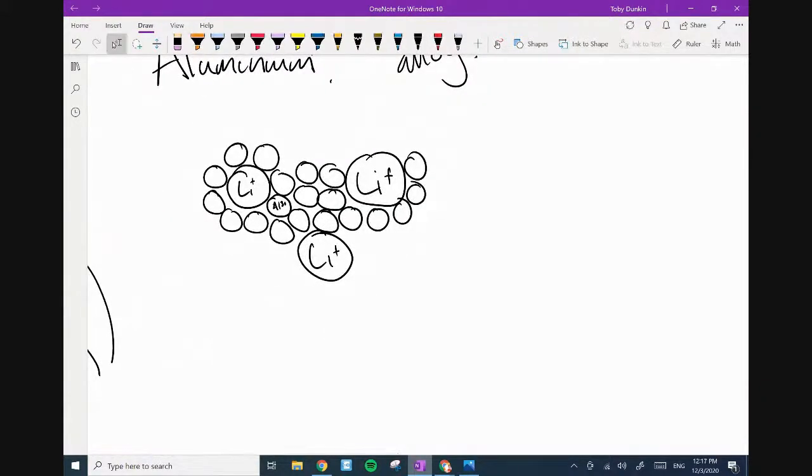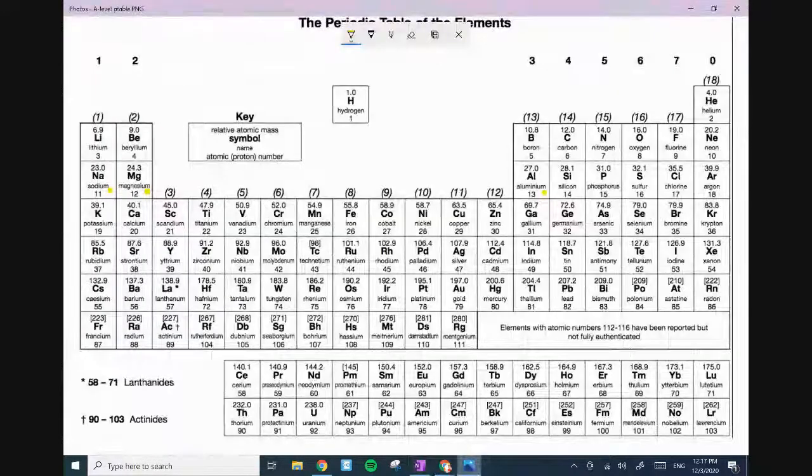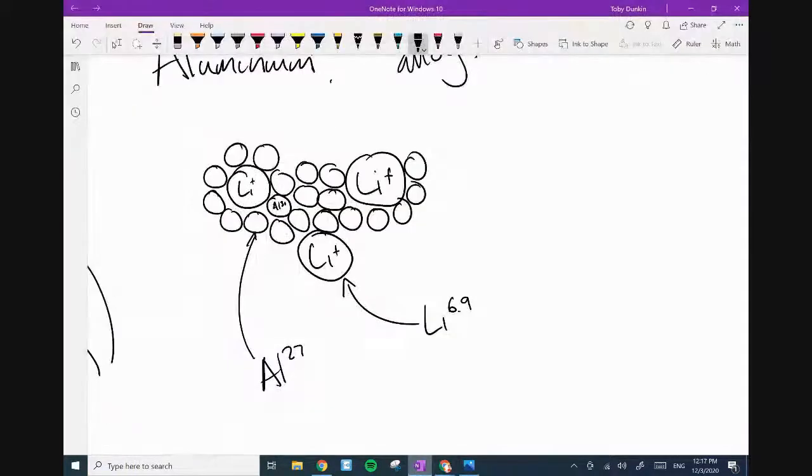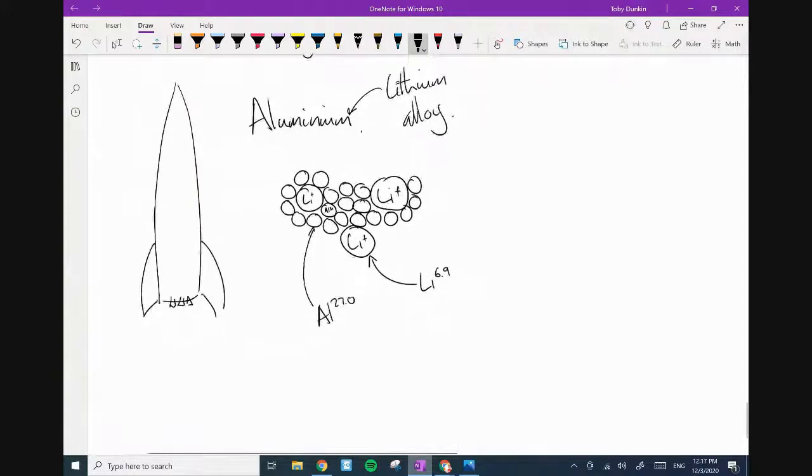But not only that, the bonus is that aluminium has an atomic mass of 27, and lithium has an atomic mass of 7, or 6.9 actually for you at A level. Aluminium, I think it's 27.0, yeah. So you are dropping the mass of your alloy hugely.